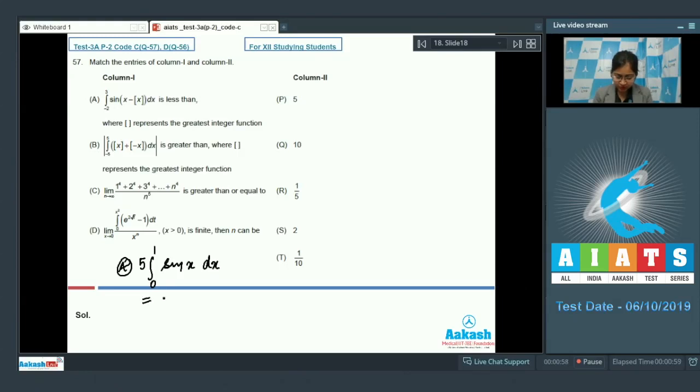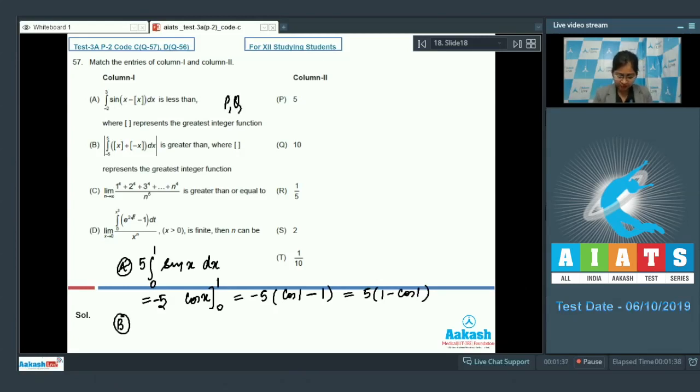So this is equal to 5 times integration will give us minus of cos x from 0 to 1. So that is equal to minus 5 into cos 1 minus 1, which is equal to 5 times 1 minus cos 1. Now this is less than 5 and 10. So answer is P and Q.